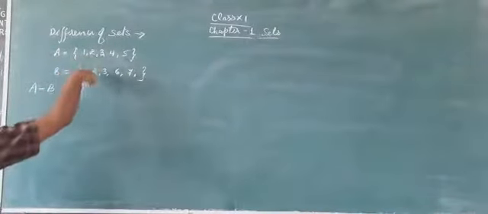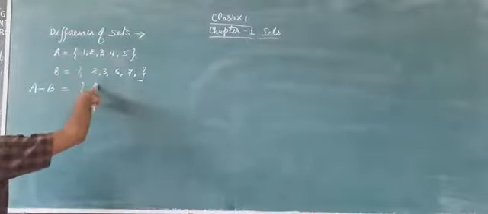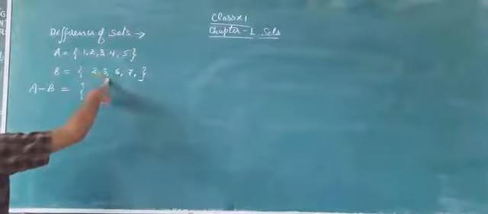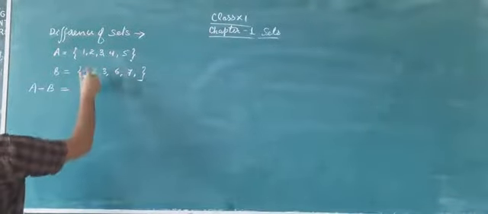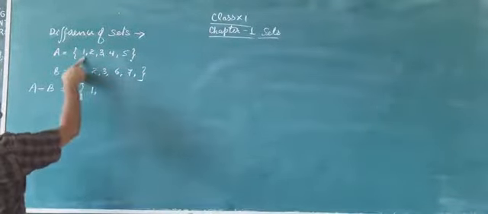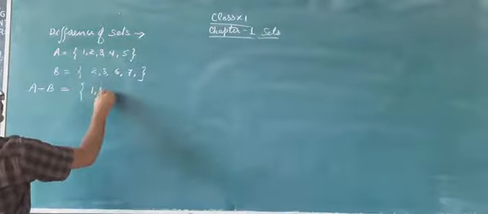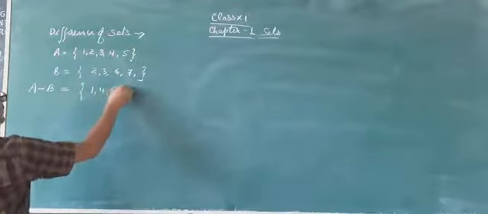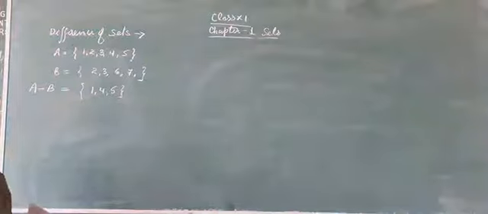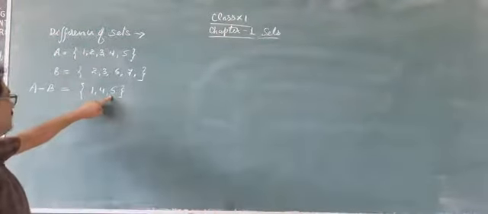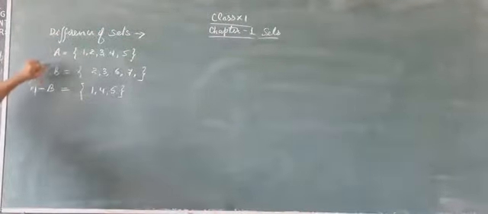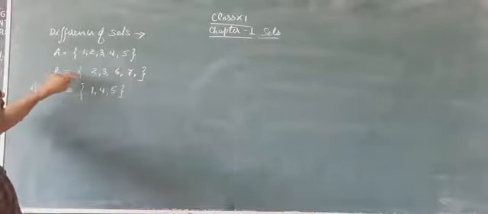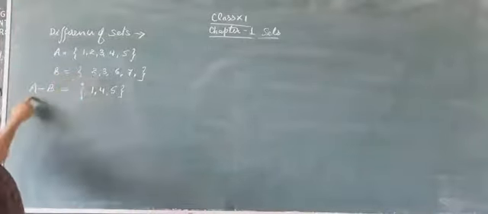So 2 is common, so cancel out. 3 is common, so cancel out. So the elements 1, 4 and 5, elements of A which do not lie in B. So A minus B.